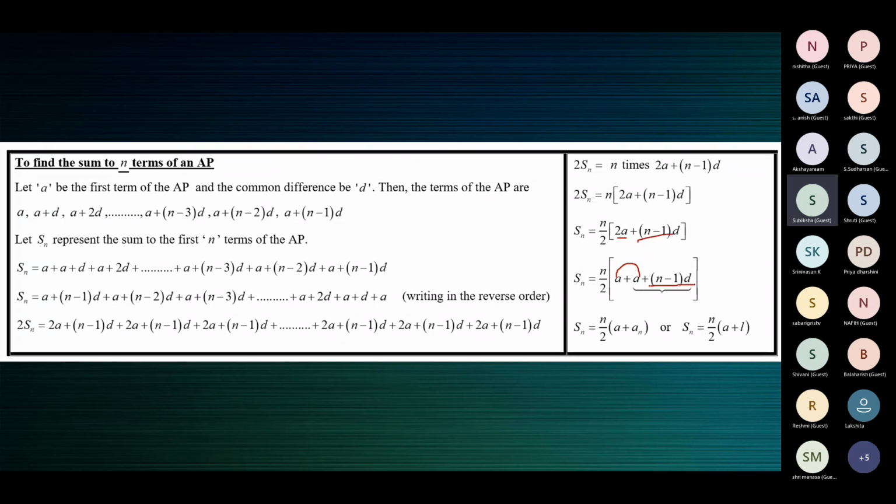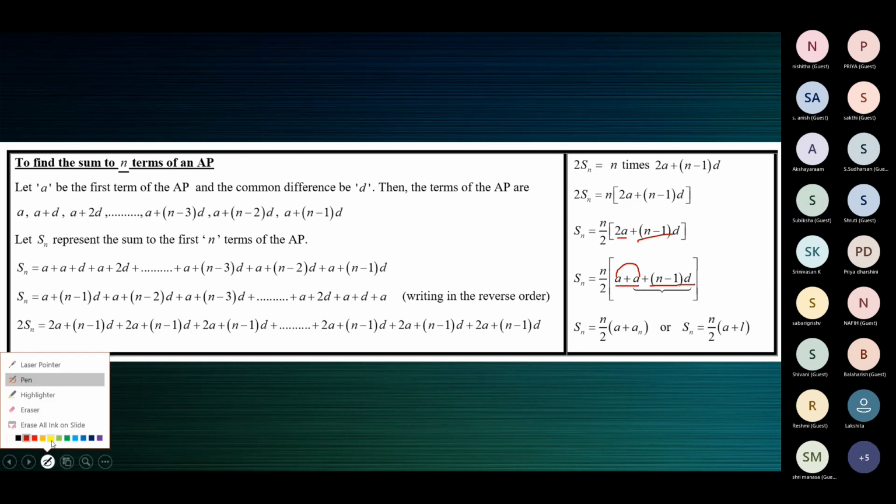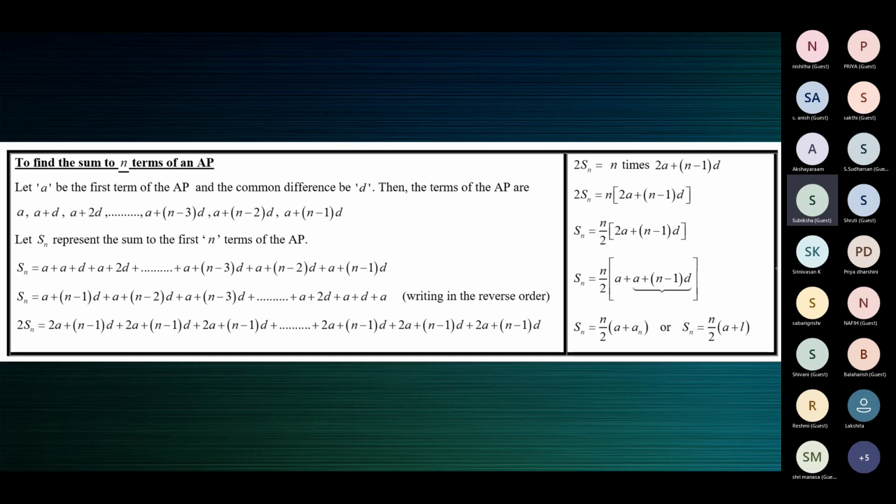So n by 2 of 2a plus n minus 1 into d can be written as n by 2 of a plus a plus n minus 1 into d.